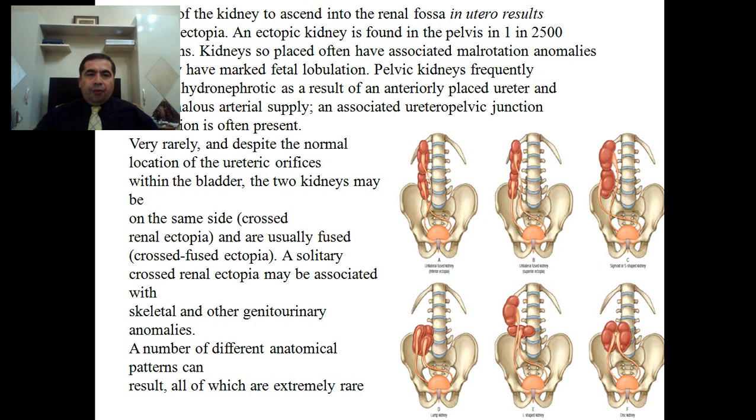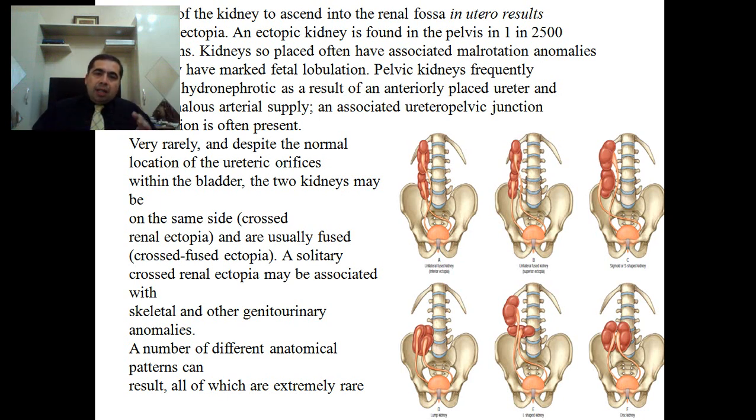Okay, failure of the kidney to ascend into the renal fossa in utero results in renal ectopia. Ectopia is when the organ doesn't locate at the place which characterizes the normal placement of the organ.